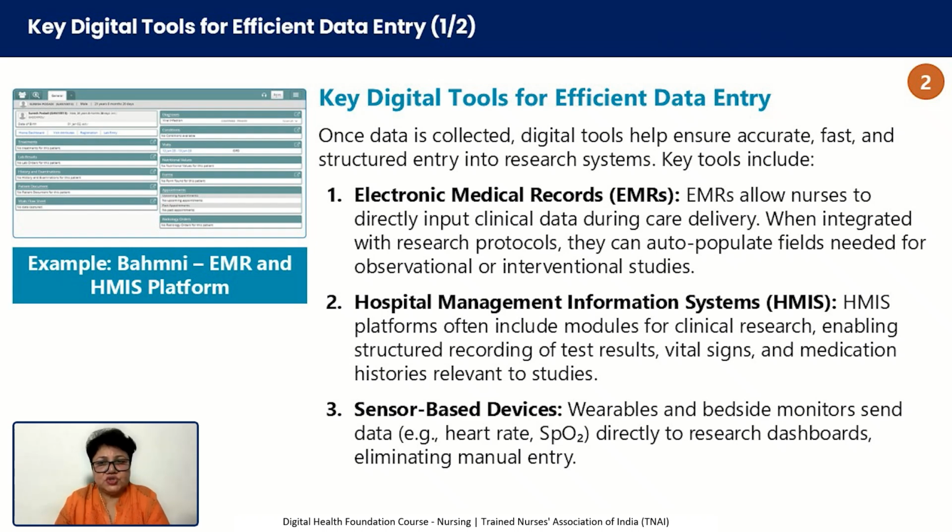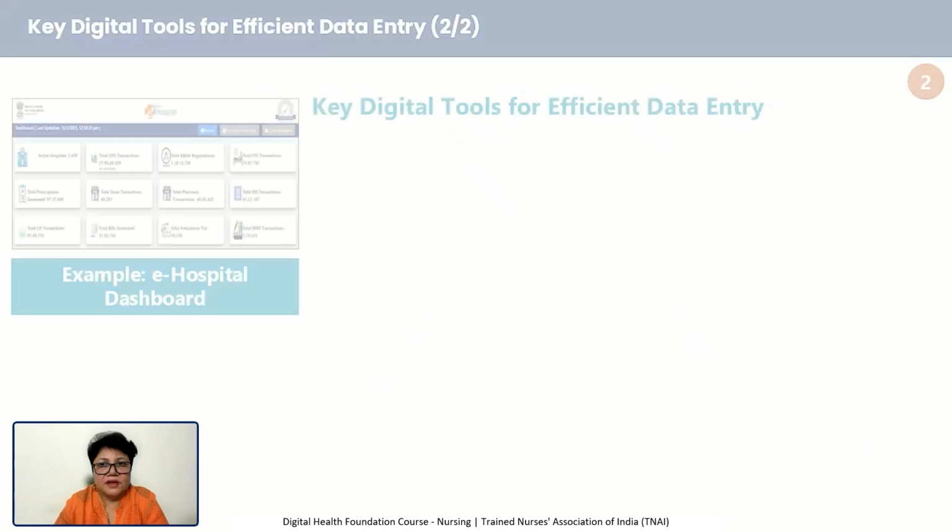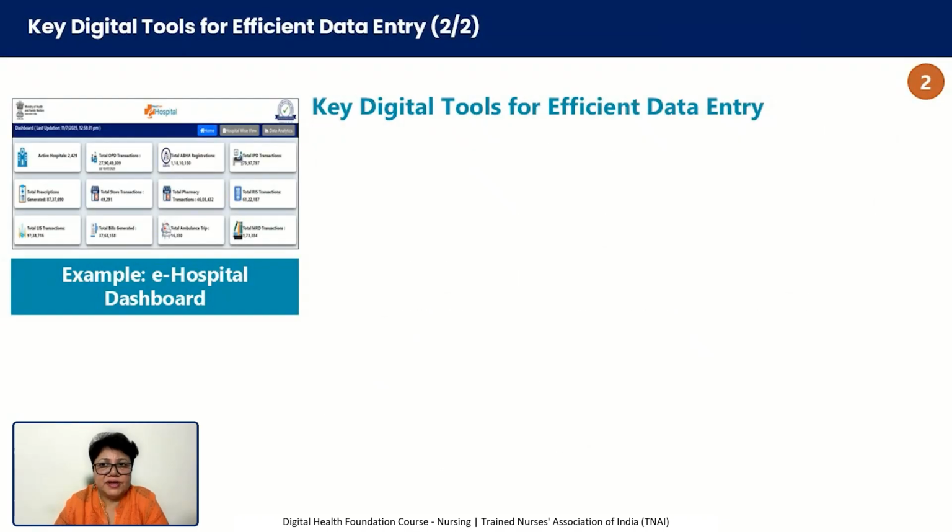So together these tools create a seamless pipeline from the patient interaction to the structured, analyzable data, enhancing both care and research outcomes. To further strengthen the data accuracy and streamline workflows, additional digital tools are now widely adopted in healthcare research.